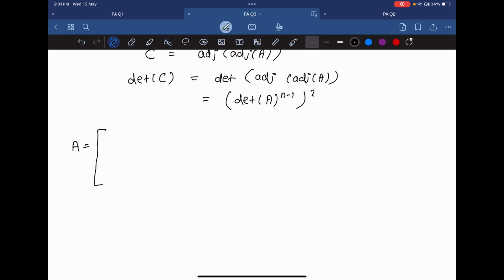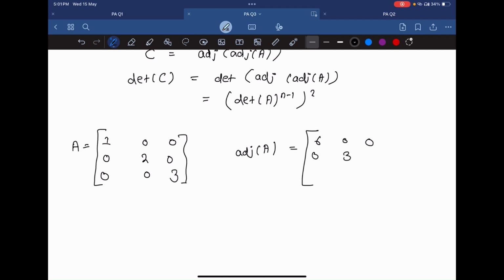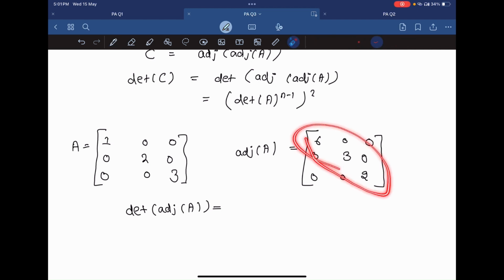So we have an example that is A equal to a matrix with entries 0, 3. Then I will just directly write the adjoint of matrix A. So this is our adjoint of matrix A. If we try calculating the determinant of adjoint of matrix A, then check that this is a diagonal matrix.